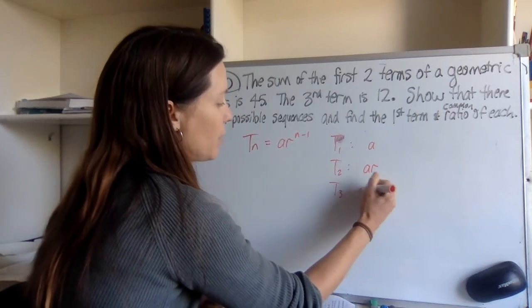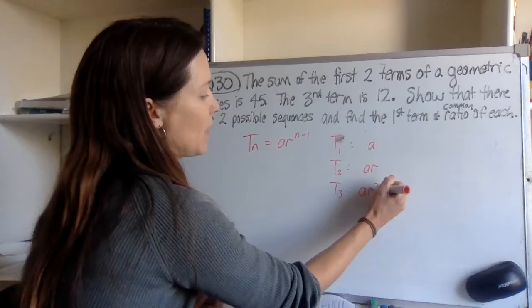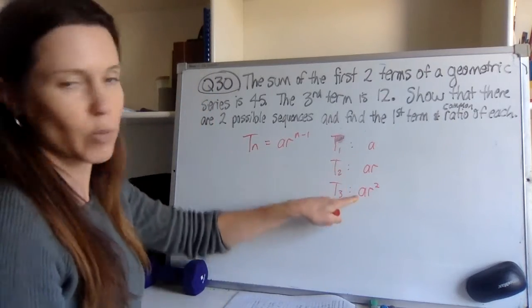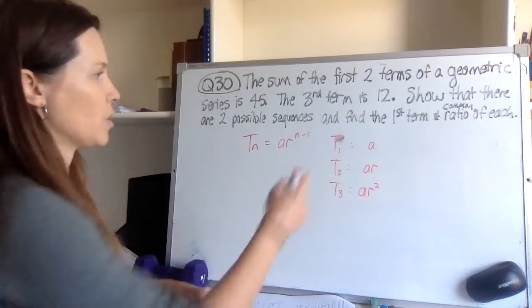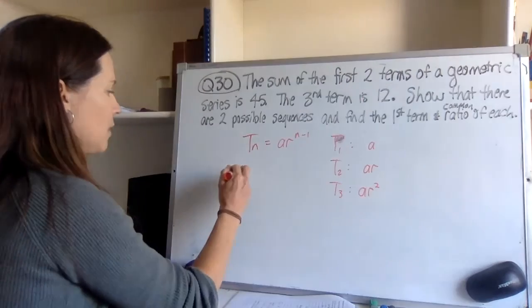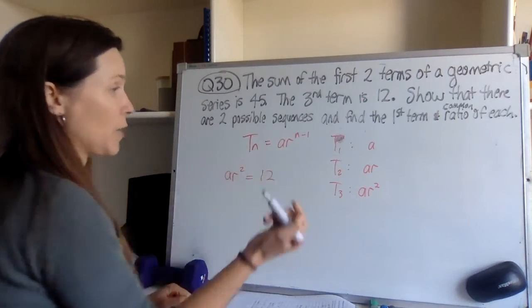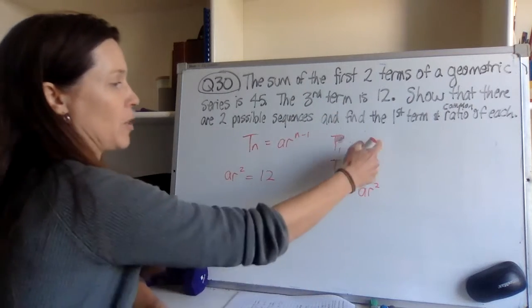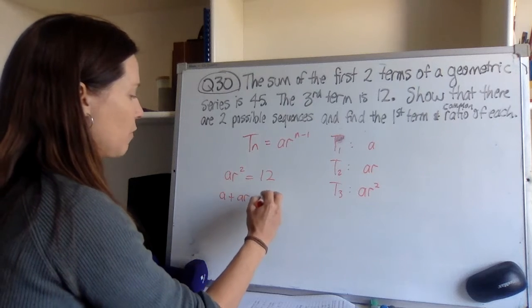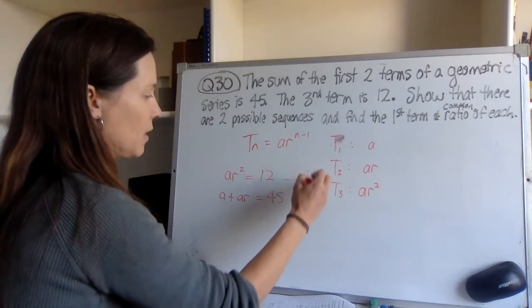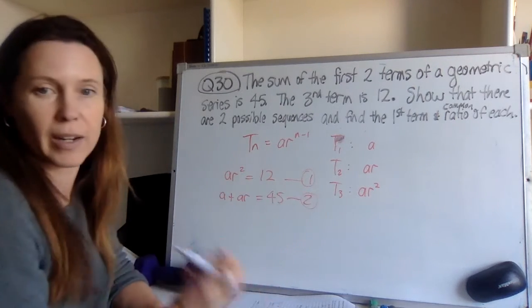The third term is a r squared. Now, having a little algebraic expression for each of these terms helps you a lot, because for a start we know that a r squared is 12. We've been told that. But we also know that the first two terms, when you add them together, gives you 45. So here, now I've got two simultaneous equations that I can solve.